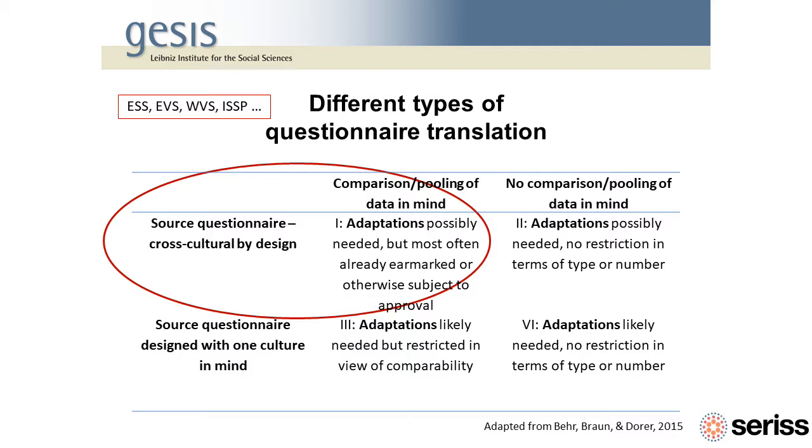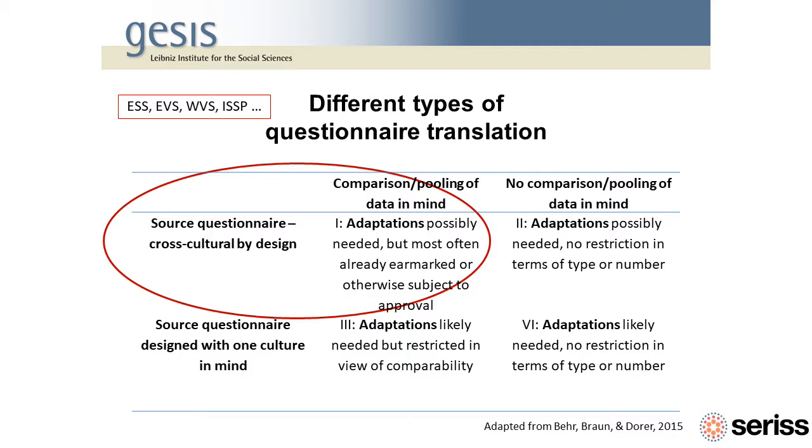They add translation notes to the source questionnaire, so that key terms or difficult, challenging terms are explained for translators. They earmark items for adaptations where they think countries may need to adapt items. But other than that, countries are supposed to translate questionnaires.